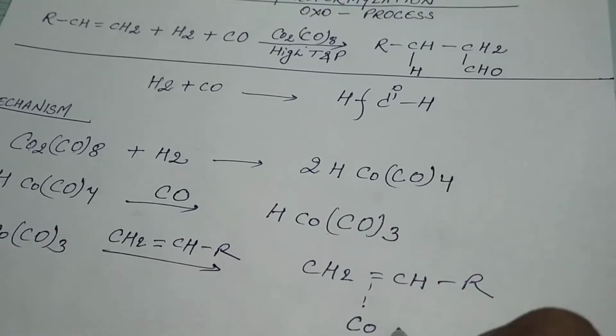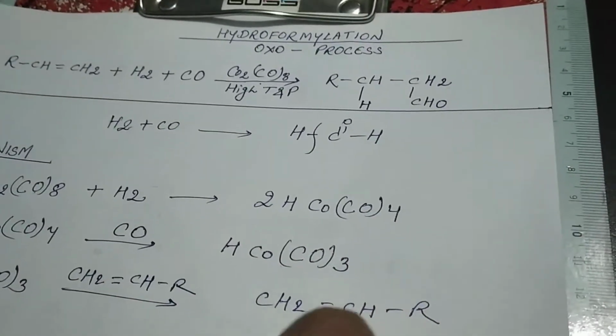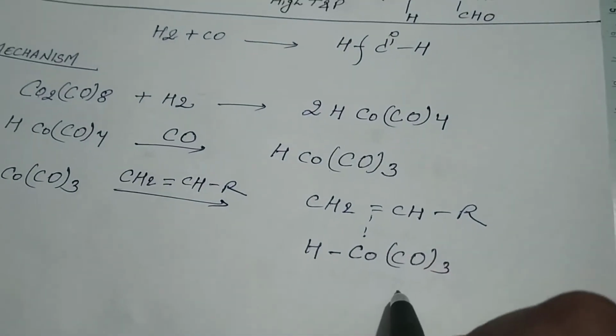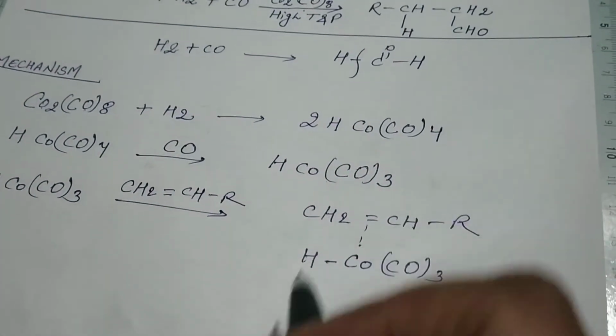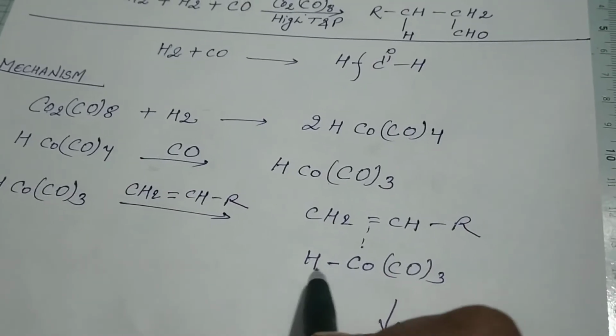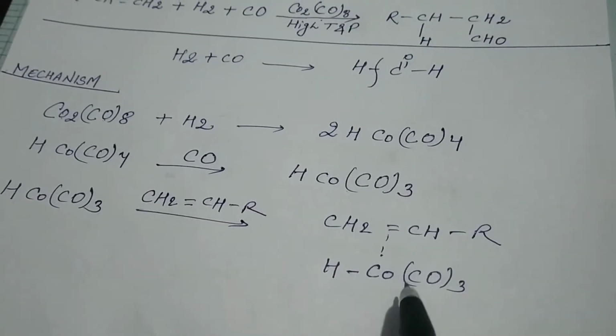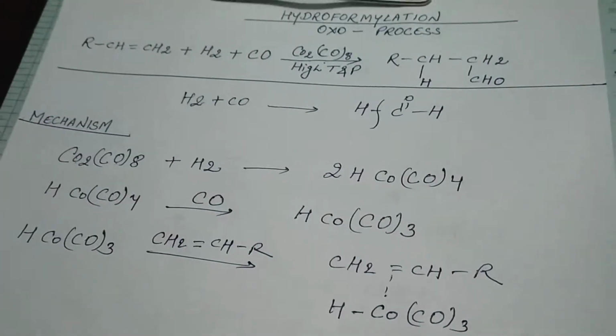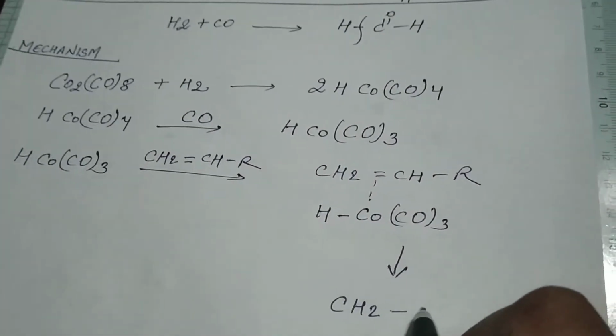This is CO and this one is Co(CO)3, and the insertion reaction will take place between the alkene and hydrogen, forming an alkyl derivative of cobalt like this.